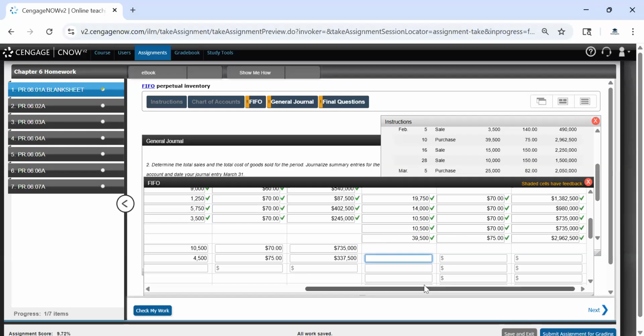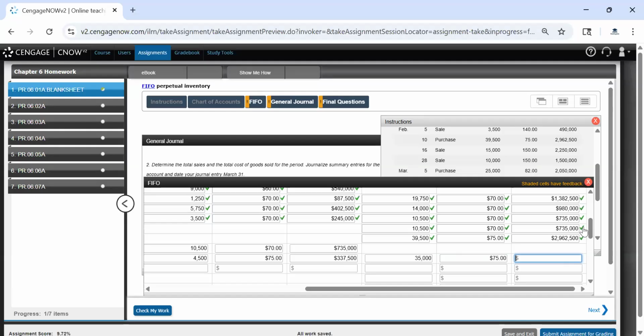And our remaining inventory on hand is 35,000 units. And it's all $75 inventory that's left because that's what was purchased most recently. Under FIFO, the cost of goods sold is going to be what was purchased first. And then the ending inventory is what was purchased last under this inventory method. It's first in, first out.